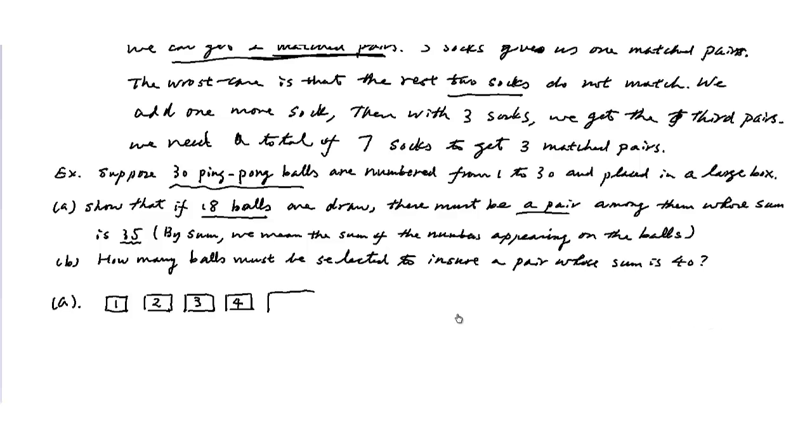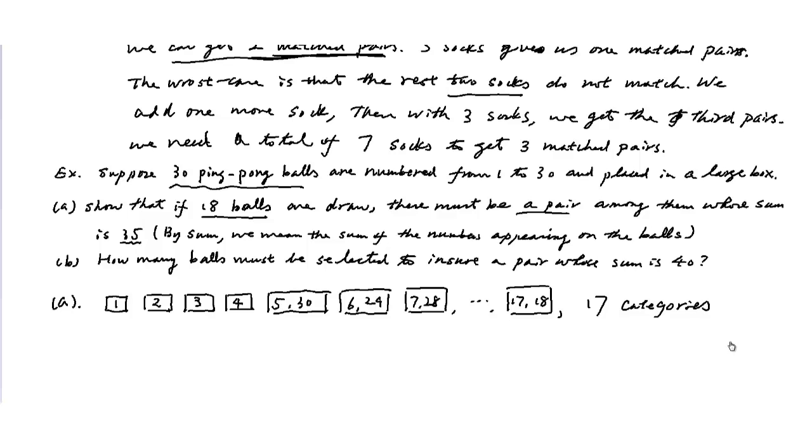Then we put 5 and 30, because 5 plus 30 is 35, and then 6 and 29, that gives us 35. 7 plus 28, and so on. The last one would be 17 and 18. So here there are 17 categories, and then we have 18 balls.